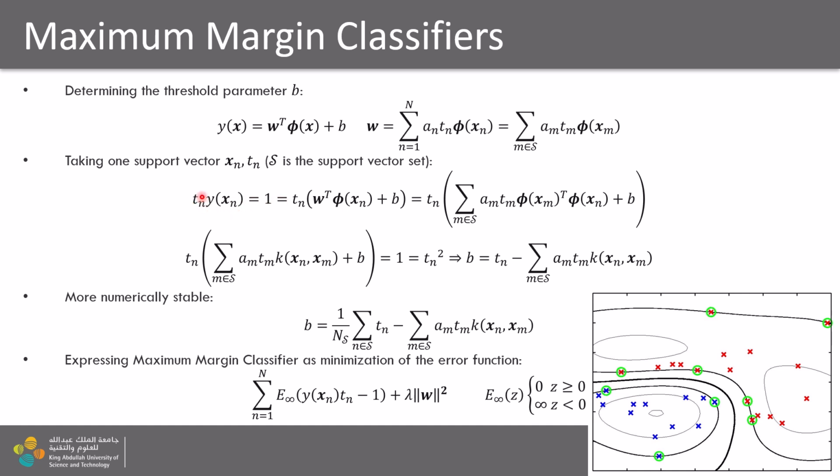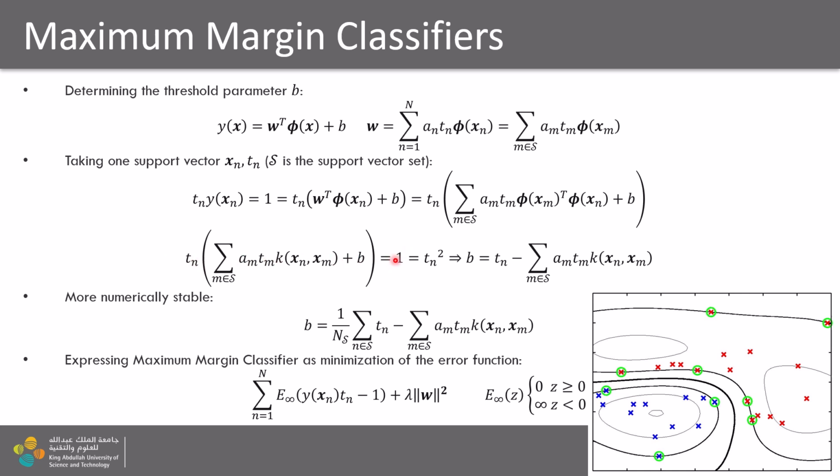Then we replace y(xn) by its formulation using the weights, and then we use the formulation of weights in order to formulate it with this dot product of features and with the vector a, which we have optimized and acquired those values given the optimization process, which was constrained by the constraint we talked about on the previous slides. So having this, we end up with this formula where this is equal to 1.